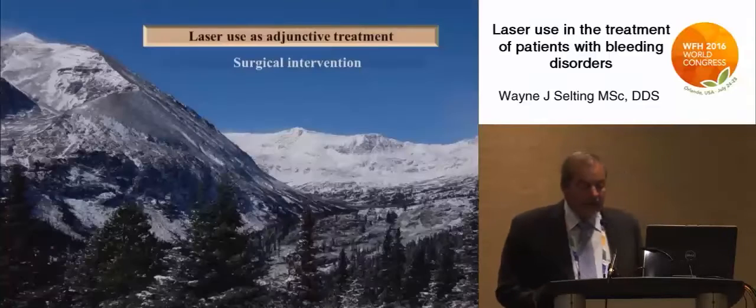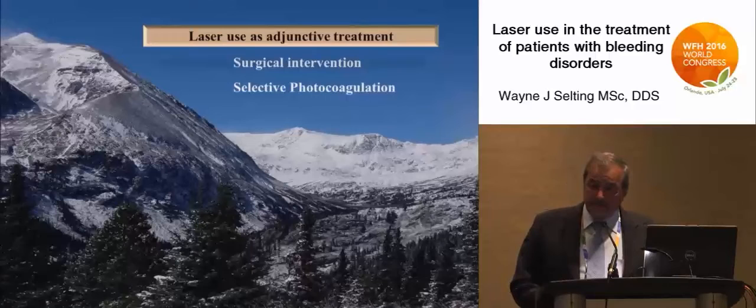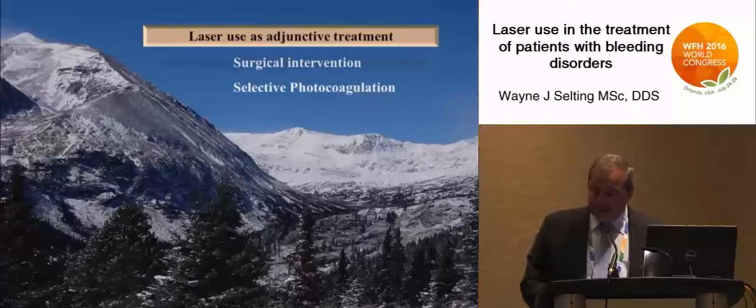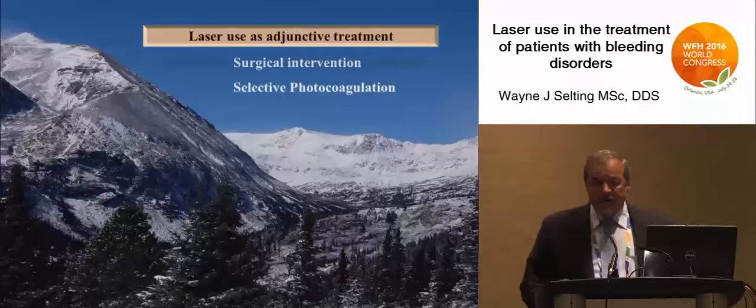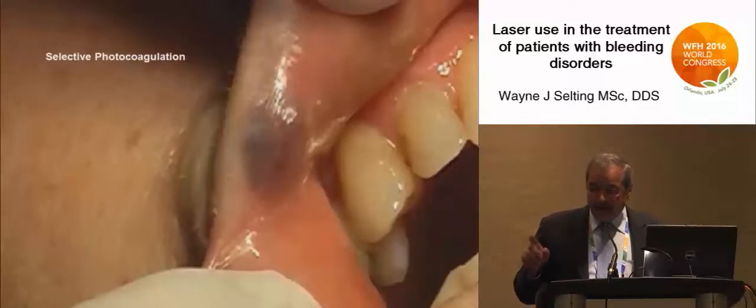Now we're going to talk about another thing, selective photocoagulation. This is doing kind of what I just talked about, but doing it through intact tissue. What would you do if this patient came in to see you and had hemophilia?